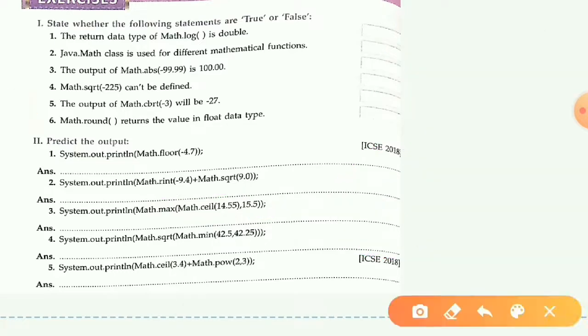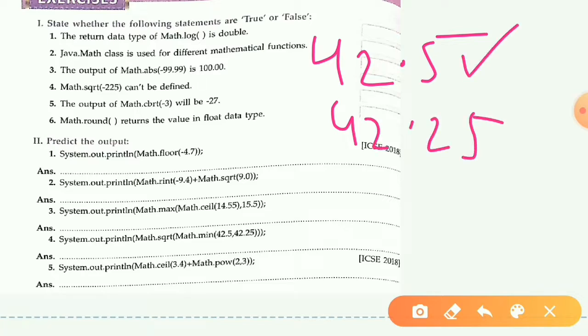Now see the fourth one. Again, this is basically your nested function. Firstly, you have to calculate math.min among these two values, and then afterwards you have to calculate the square root. So amongst your 42.5 and your 42.25, 42.25 is the smallest one. Yes, so you will be getting what?